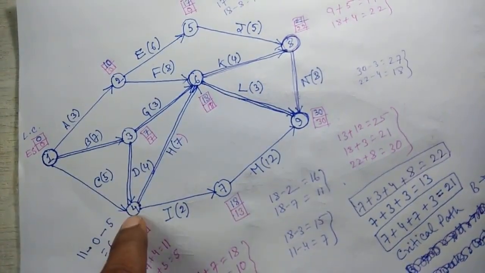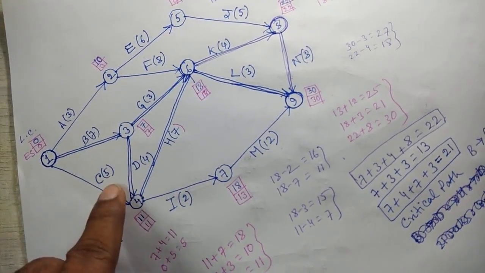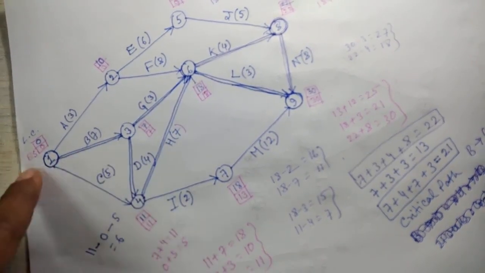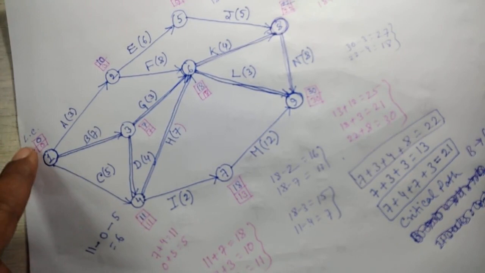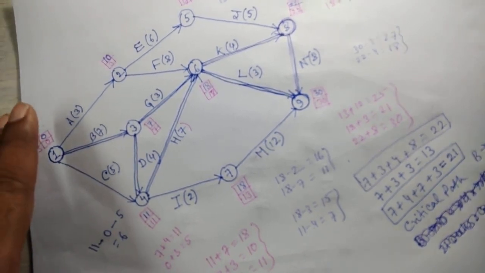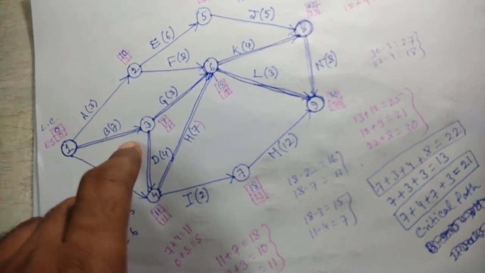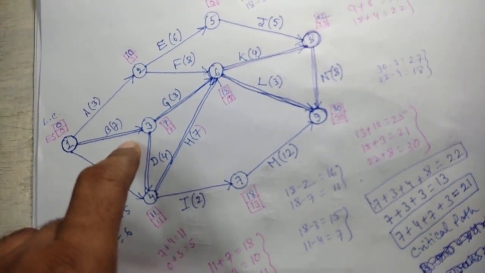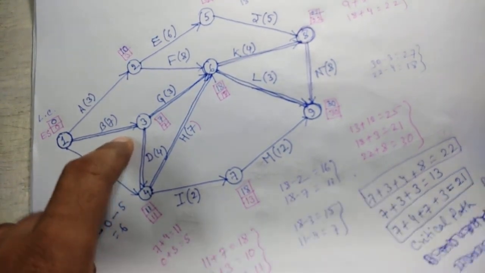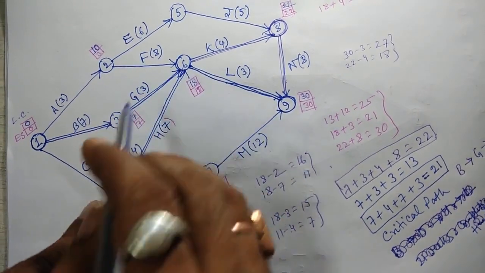For this problem, we have found 3 paths for which earliest start time and latest completion time for each node are equal. But the critical path will be that path for which the total time duration is maximum. So here 22 is the maximum time, so we should consider this path as the critical path.